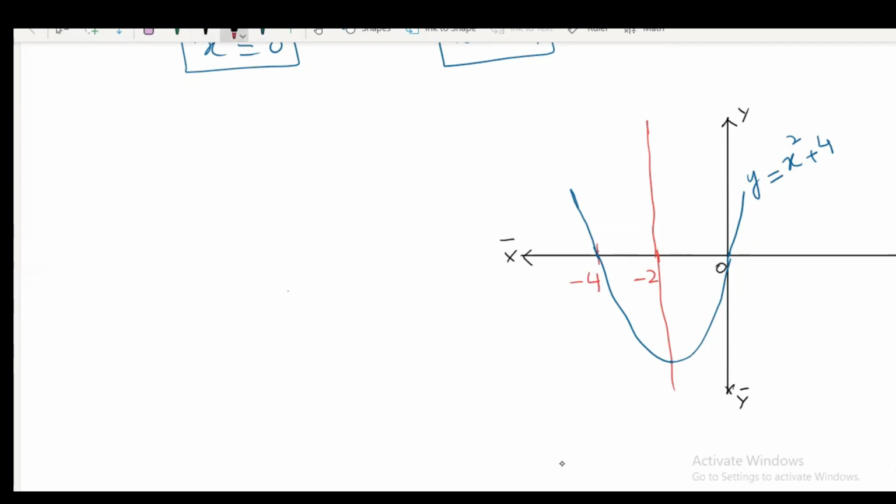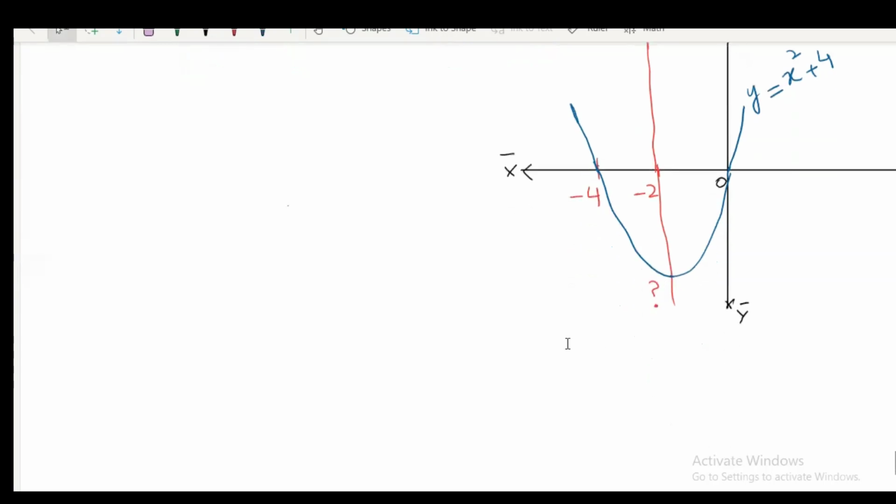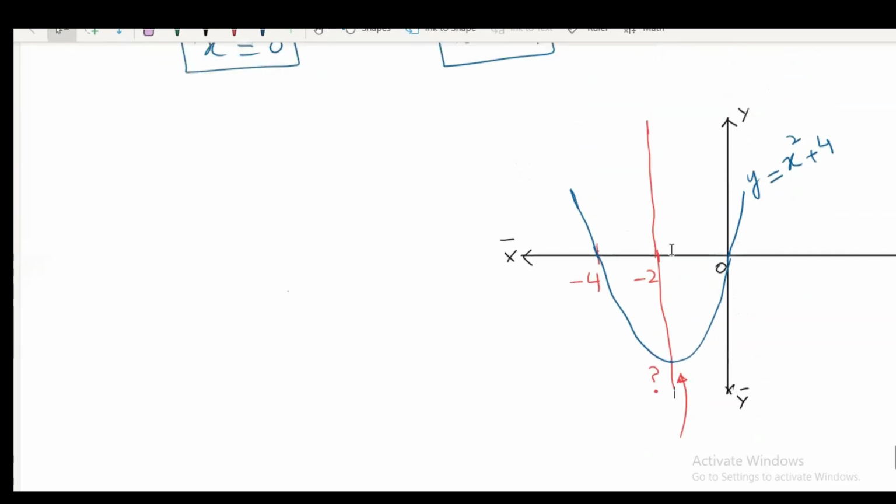But one more thing: what are the coordinates of the turning point? We can find the coordinates of the turning point by using the equation of the line of symmetry.